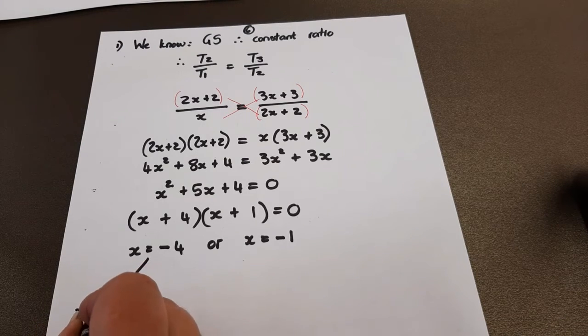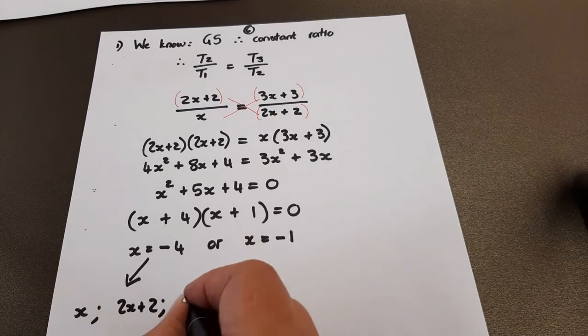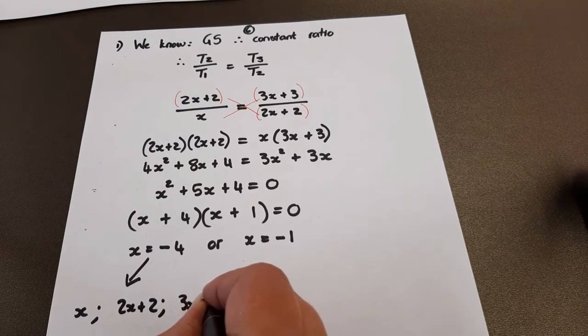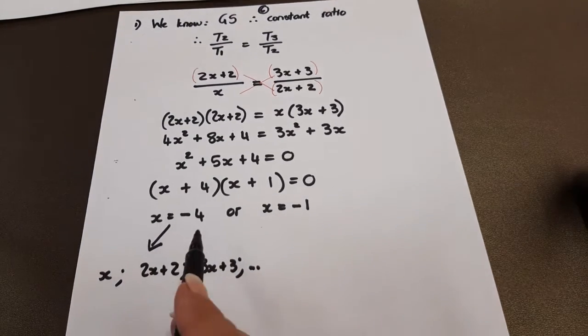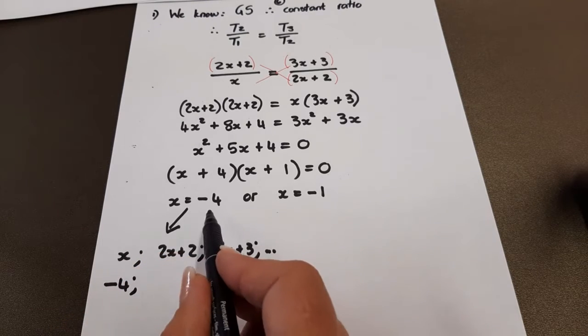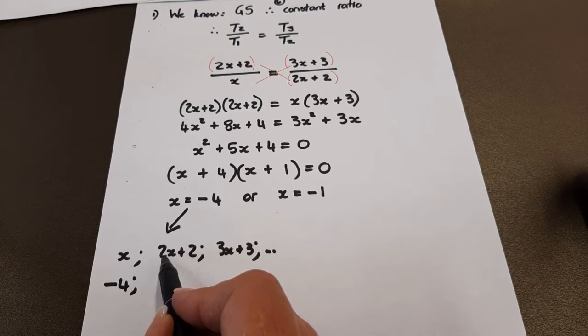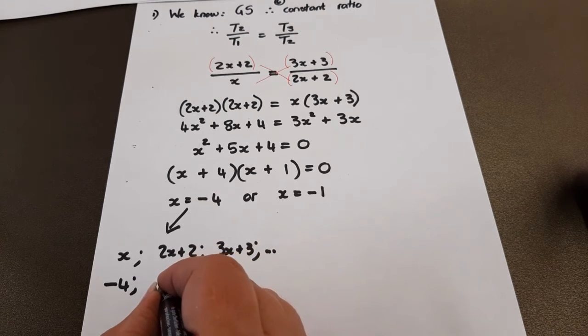We have x, 2x plus 2 and 3x plus 3. If you substitute minus 4 in there, you get minus 4. Minus 4 times 2 is minus 8, plus 2 is minus 6.